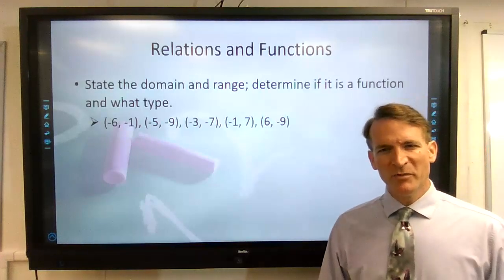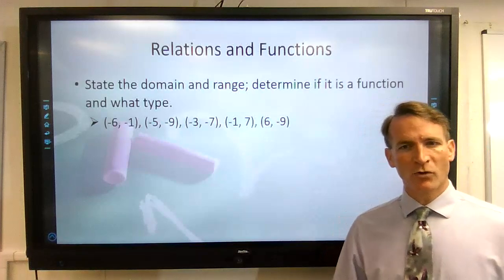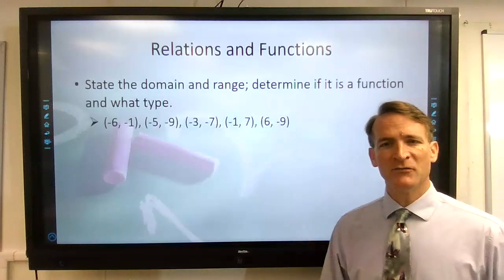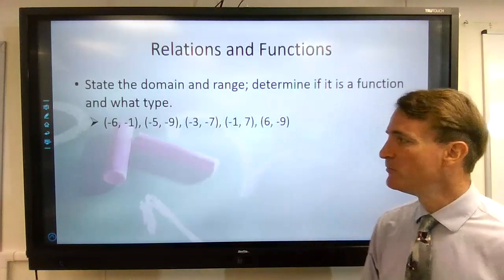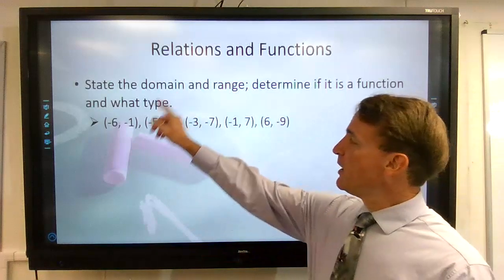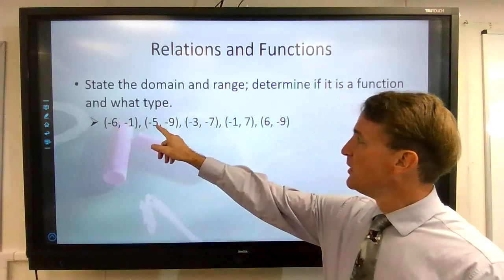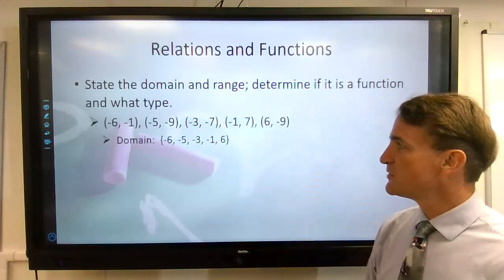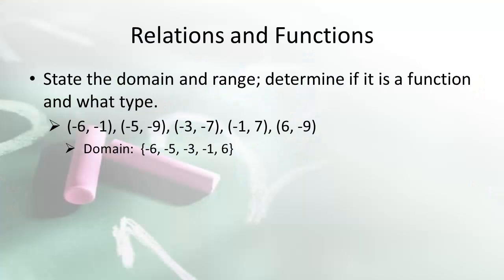I've given you a little bit of time, not a whole lot, but I'd like to work one out with you so that we can get a little more used to it, and then I'll give you some problems that you can do on your own. In my domain, I have -6, -5, -3, -1, and 6. Oftentimes we will put the domain in order.